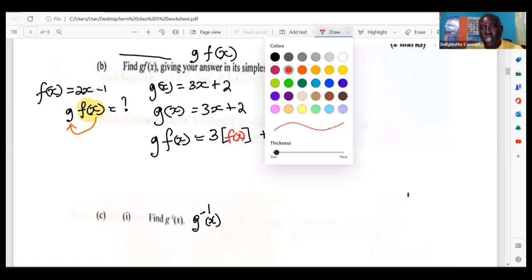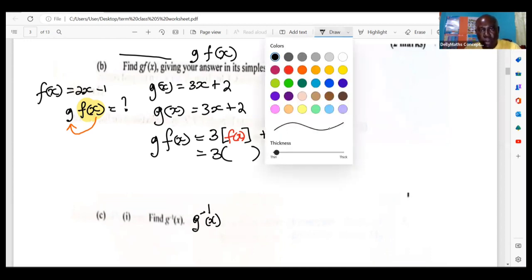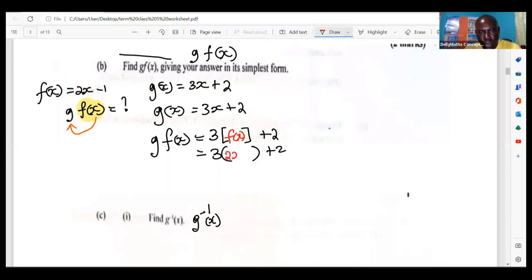And then now what you want to do is to continue doing your algebra. What is the f function? It is 2x minus 1. So let me pick a red for it. 2x minus 1. So you're looking at the f function inside the belly of the g. But it's our responsibility to execute properly.